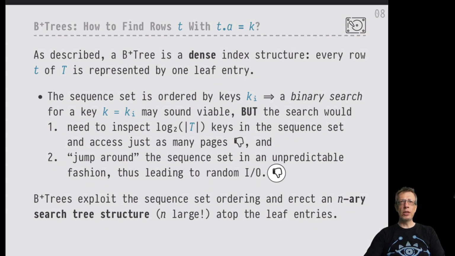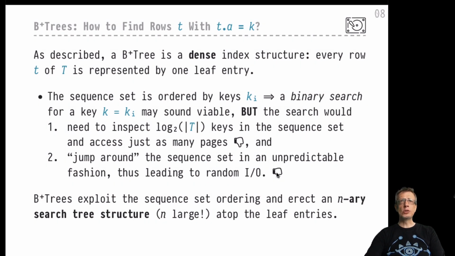As you know, random I/O on the pages of our secondary storage, in this case the pages of the sequence set, is something that we would like to avoid. Also, if we are loading such a sequence set page during that binary search, we would use it to inspect a single key, the current pivot key in this leaf page, only to then decide that this is all we had to look up in this page, throw it away and move on with the search to some other, probably far away page in the sequence set.